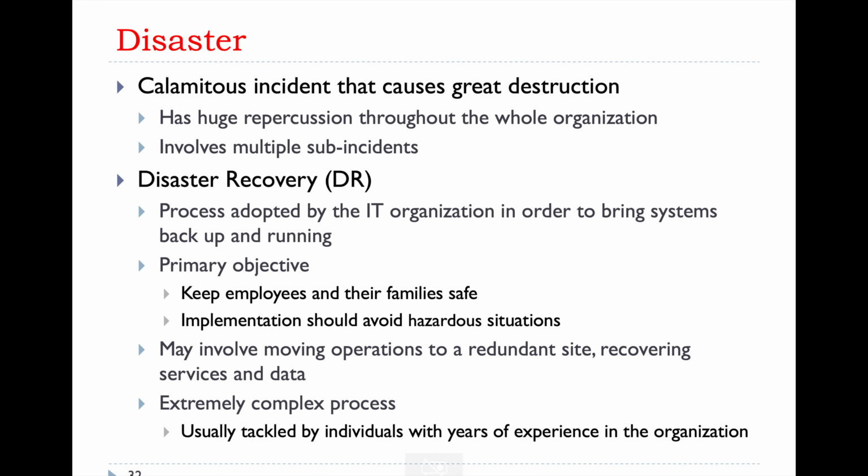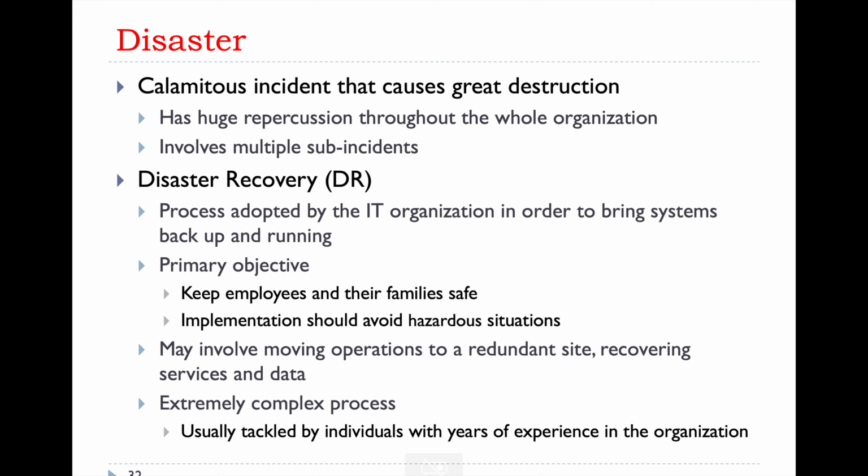For example, COVID-19 was a disaster because it not only affected one area of an organization, it affected the whole operation of that organization. Because of this disease, we had a whole change in operation that affects the whole organization.